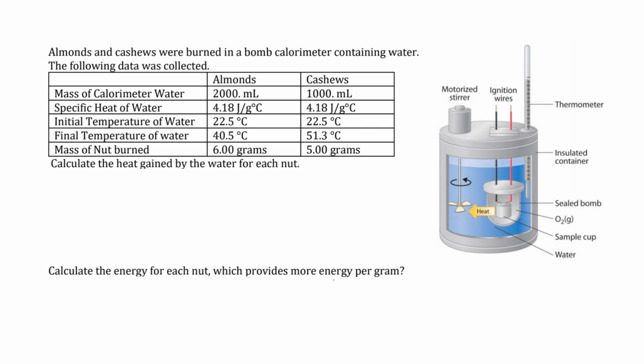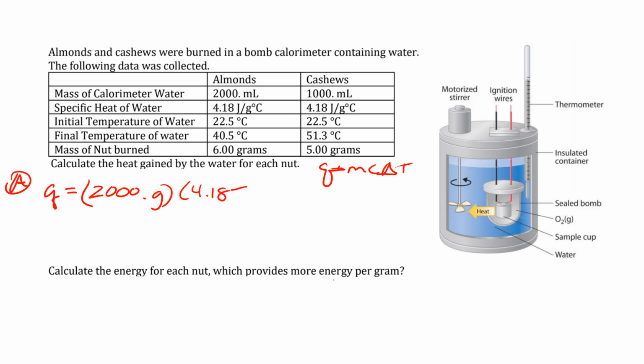So Q equals the mass of the water, 2,000 grams, times the specific heat they give us, 4.18 joules per gram times degrees Celsius, times the change in temperature, 40.5 minus 22.5 degrees Celsius.